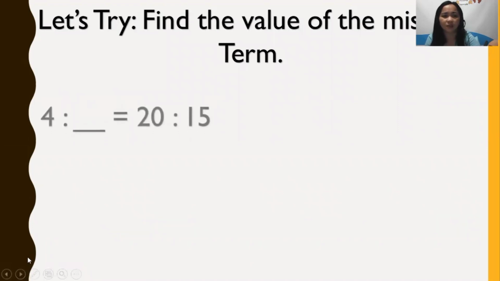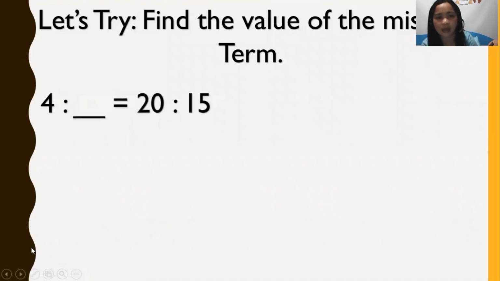Now, find the value of the missing term. 4 is to blank equals 20 is to 15. I'll give you time to answer this.